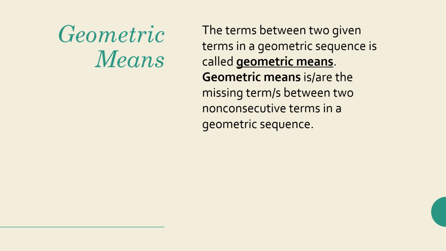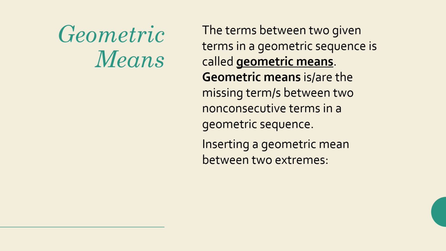There is a formula when you insert one geometric mean between these two extremes, and the formula that you have to remember is this one: m is equal to the square root of a sub 1 times a sub 3. You have to multiply these two extremes, and then after that, you have to get the square root of that.